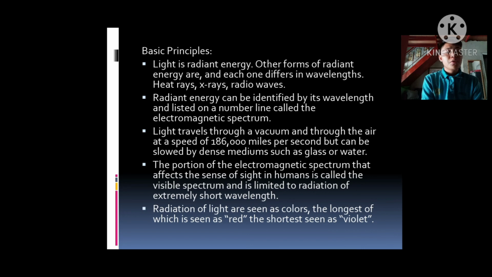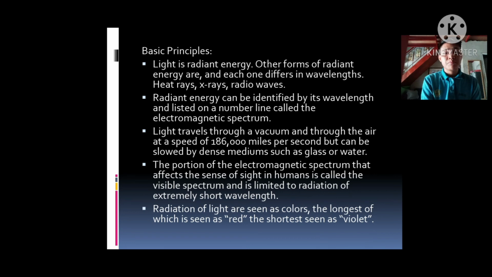The portion of the electromagnetic spectrum that affects the sense of sight in humans is called the visible spectrum and is limited to radiation of extremely short wavelength. Radiation of light is seen as colors, the longest of which is seen as red, the shortest seen as violet.